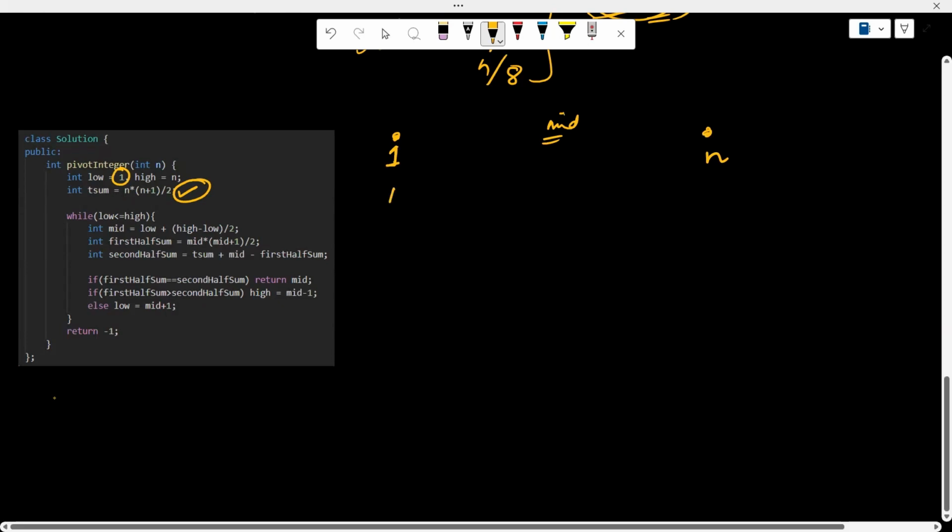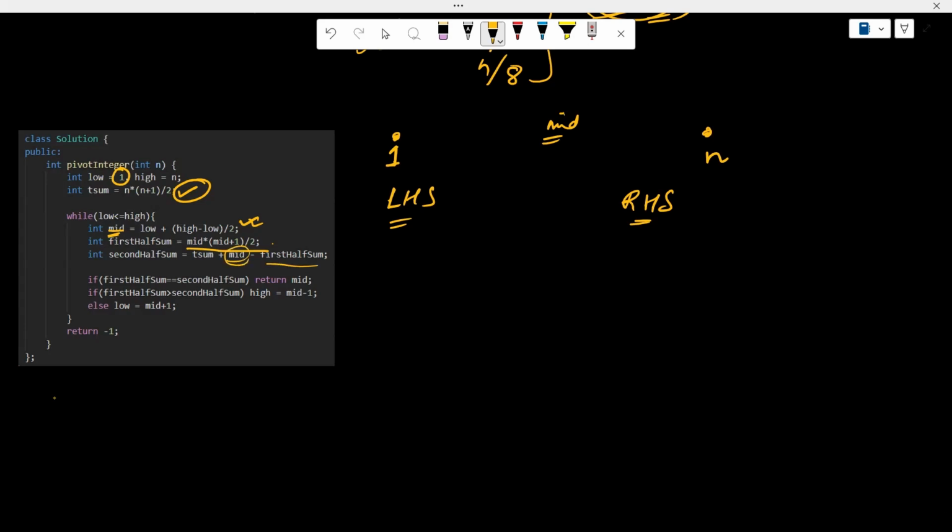To get the sum of the left hand side and right hand side in big O of 1, we have already calculated the total sum of numbers from 1 to n. Now we will find the midpoint. So this is the midpoint. Now we are finding the first half of the sum, that is mid into mid plus 1 by 2. And the second half of the sum can be total sum minus first half of sum plus mid.